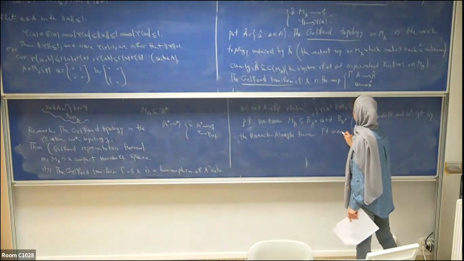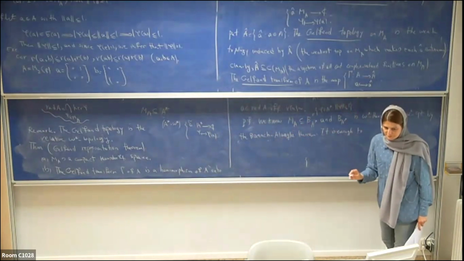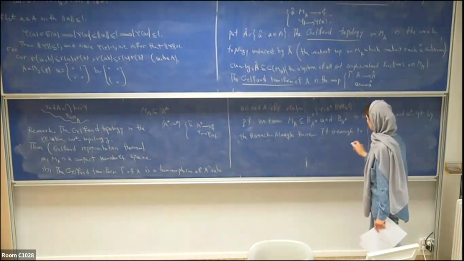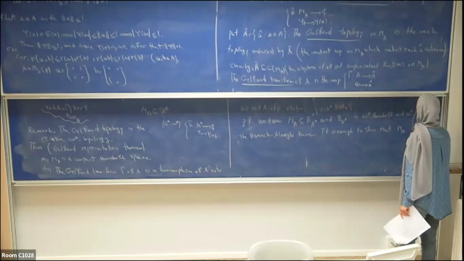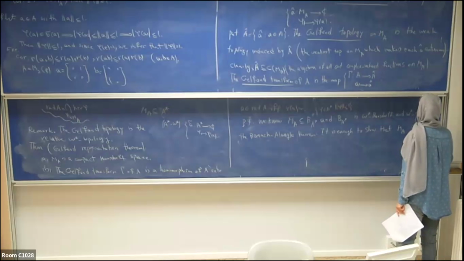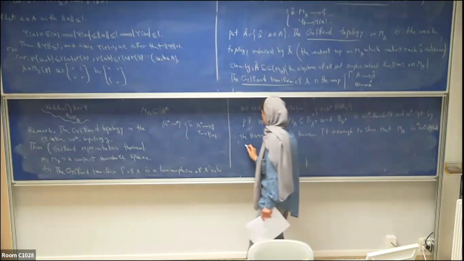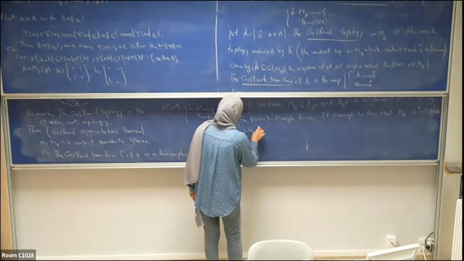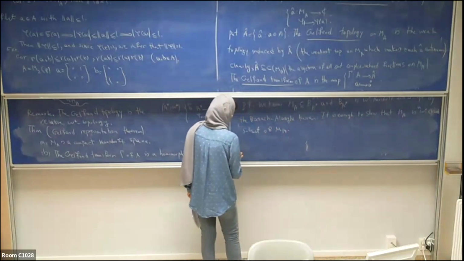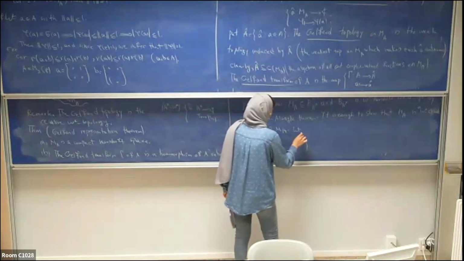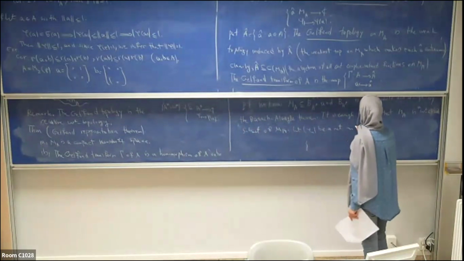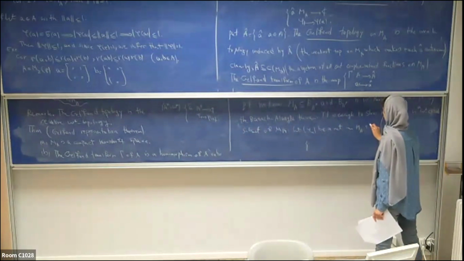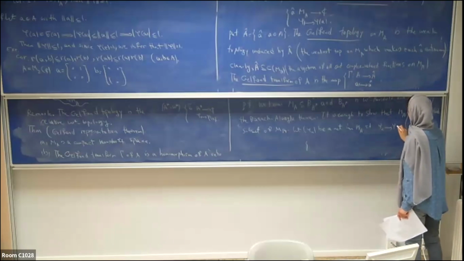It's enough to show that M of A is weak star closed. So let phi alpha be a net in M of A such that phi alpha goes to phi in B of A star.